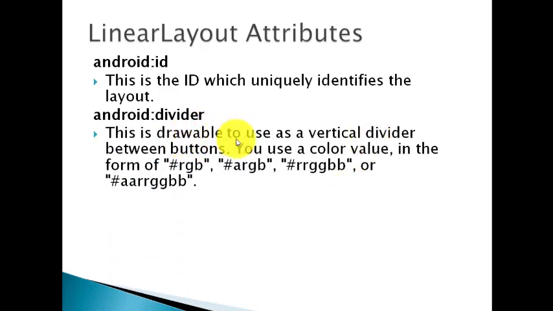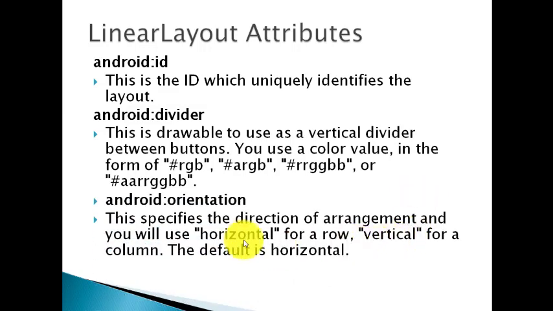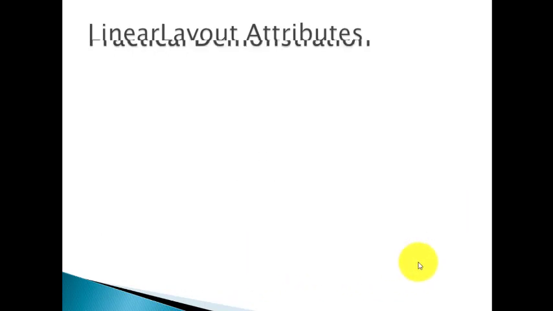Divider is a drawable to use as a vertical divider between the buttons. If you want to divide the screen into smaller parts, then you can use this divider so that a section is created on the screen. Android orientation is either horizontal or vertical. By default, it is horizontal.